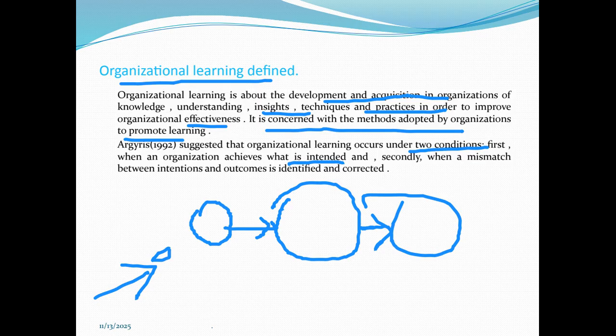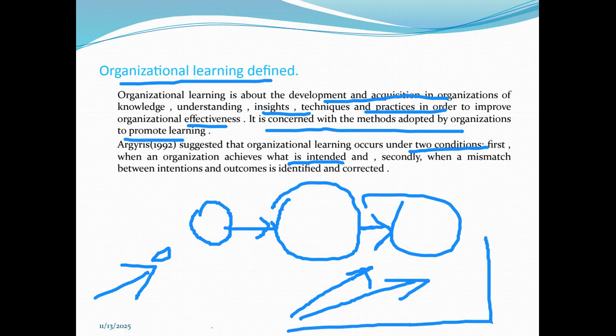So your intention was to go somewhere and you reach somewhere else. If the organization takes account of this mismatch, it can be very successful. So this can be a process arising from the mismatch between the intention and the outcome of the performance or activity.